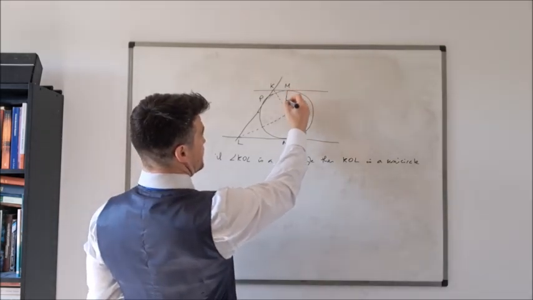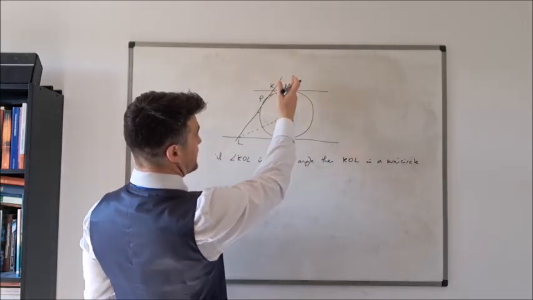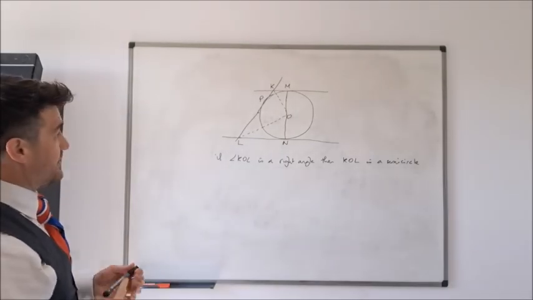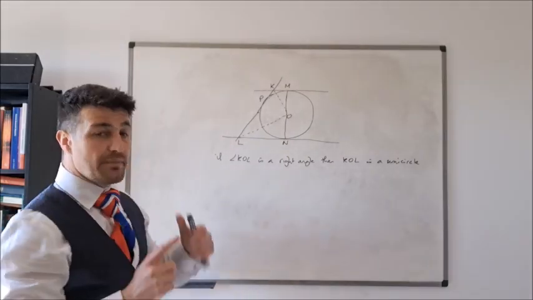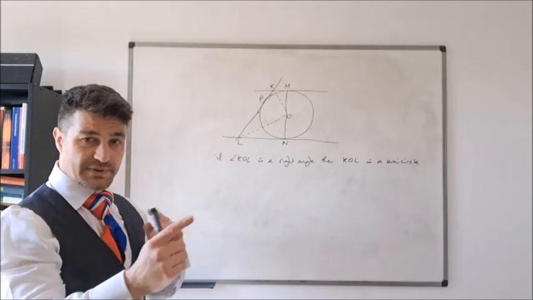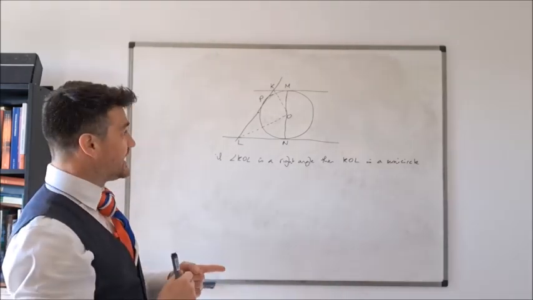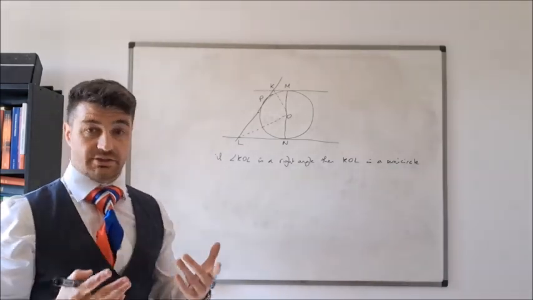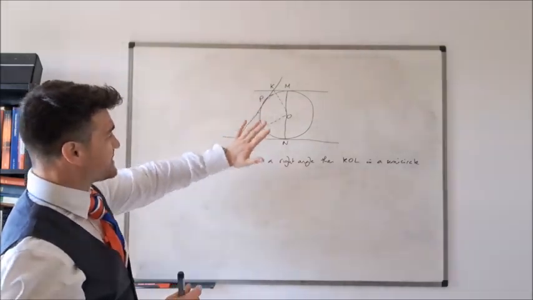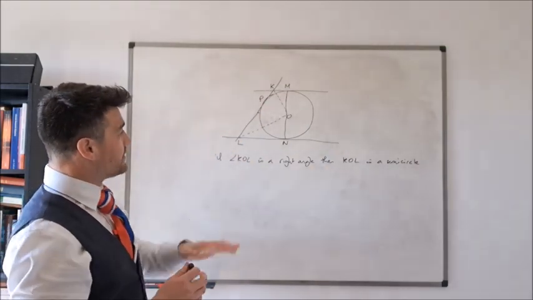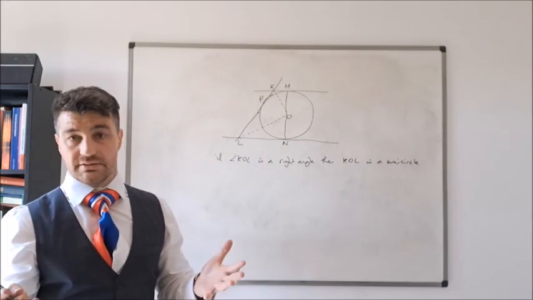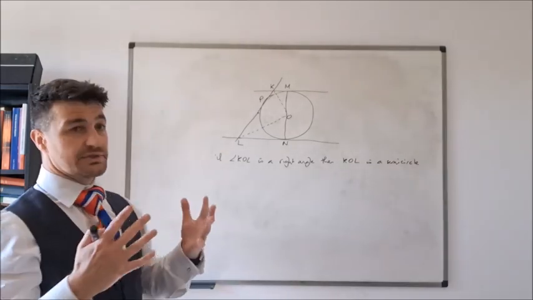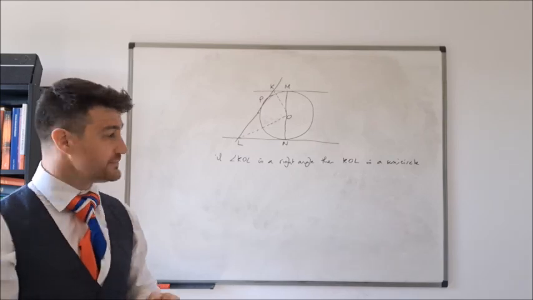This is going to be a straight line from M to N. It's going to go through O to N. Okay, so remember that the angles, opposite angles in a cyclic quadrilateral, sorry, it's not a cyclic quadrilateral, it's just a quadrilateral.